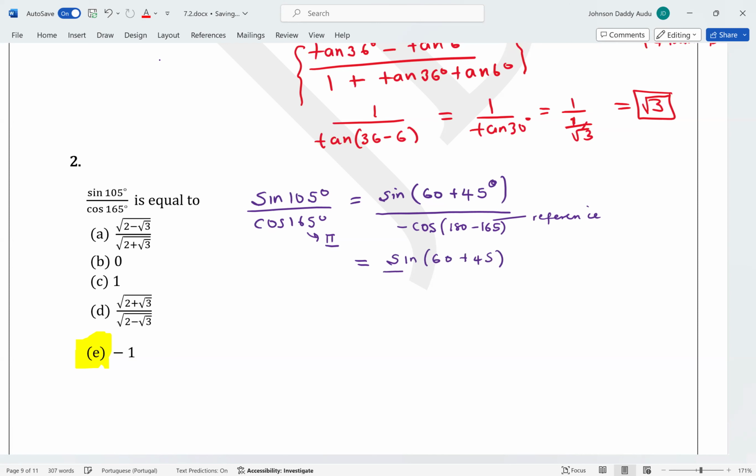Let's leave it that way. Over this is now minus cosine of 15, yes, in the denominator. Now the numerator we write as sine of 60 plus 45, and the 15 in the denominator we can write as 45 minus 30.